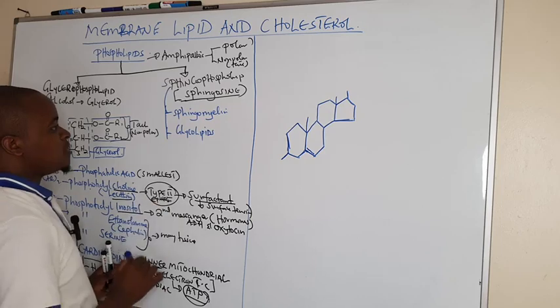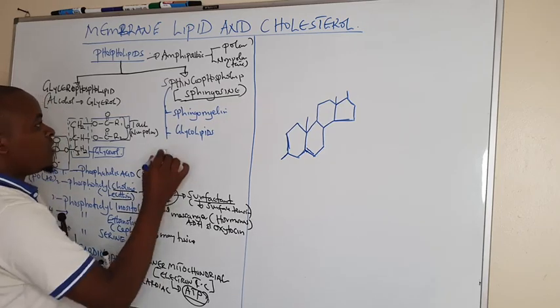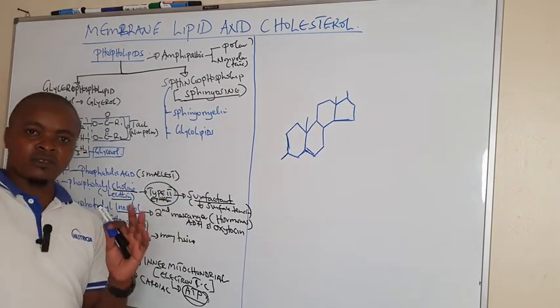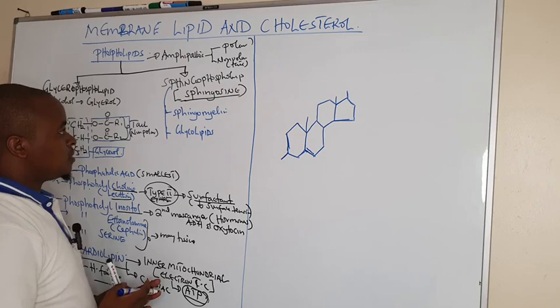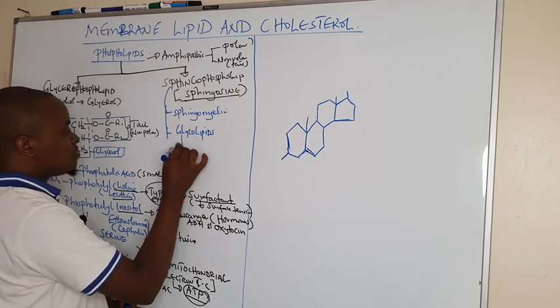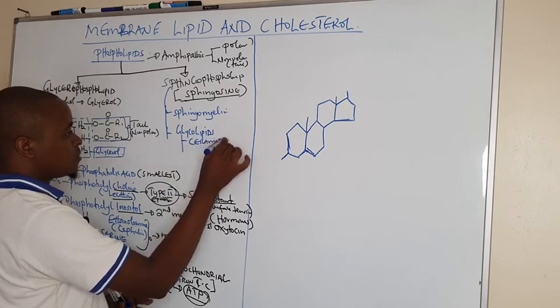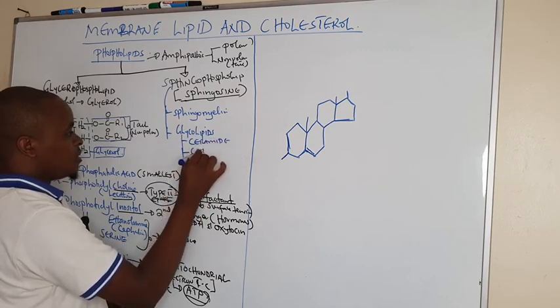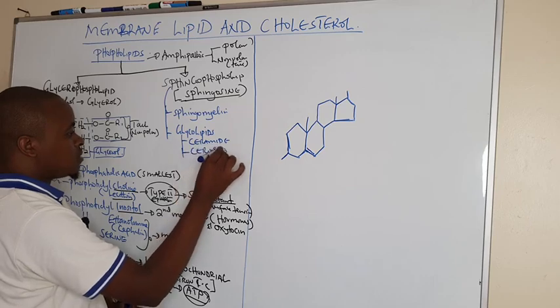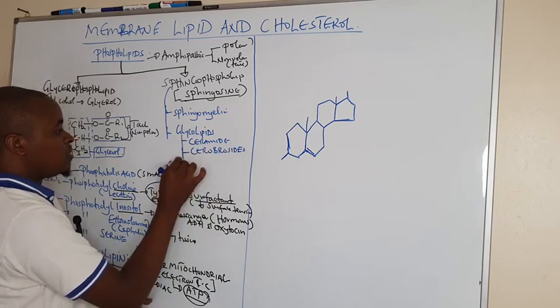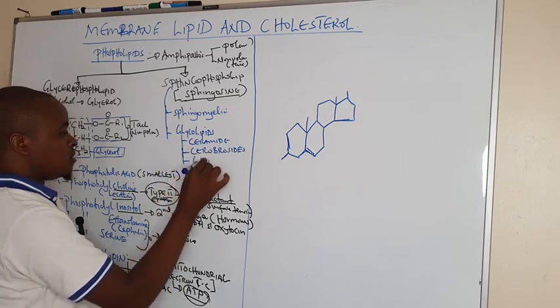The major function of these sphingolipids is acting as cell receptors. For example, glycolipids, we have ceramides, then cerebrosides, because they are majorly found in the CNS, that is the brain, and the gangliosides.